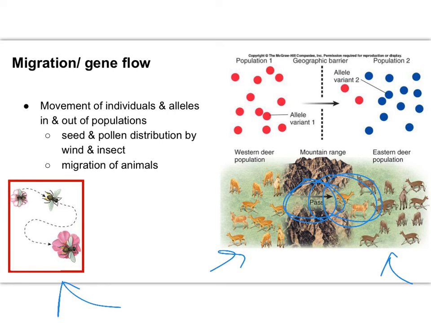By having some of the genes flow into the other population, it can alter allele frequencies and mix the genetics across the regions. What that will do over time is eventually decrease the difference between the populations. The populations will start to become more and more similar as we mix those alleles in more and more. Okay, so this is it.